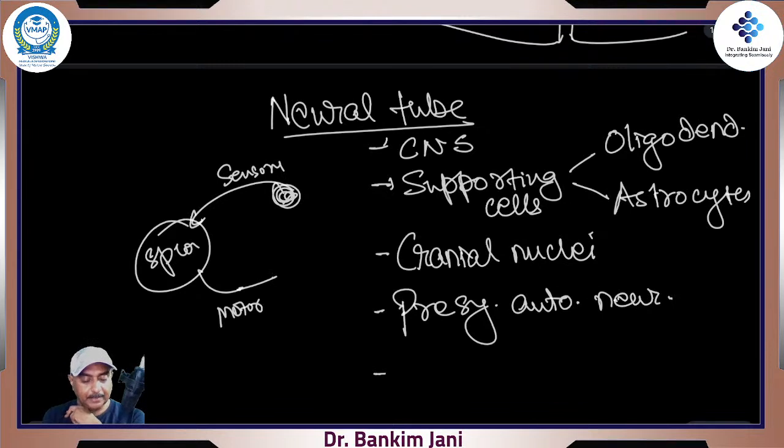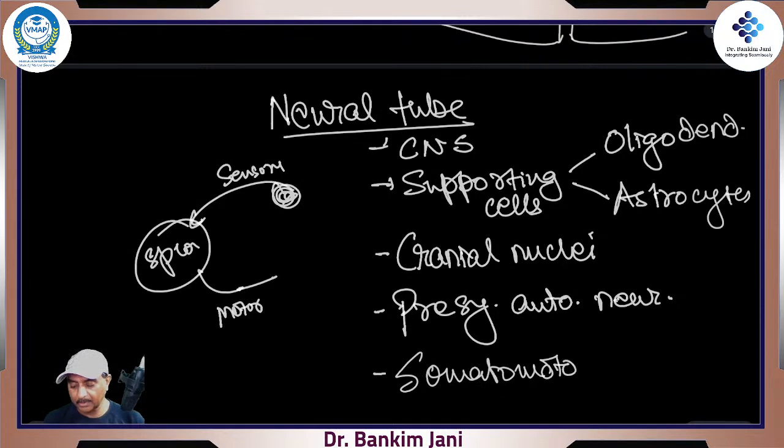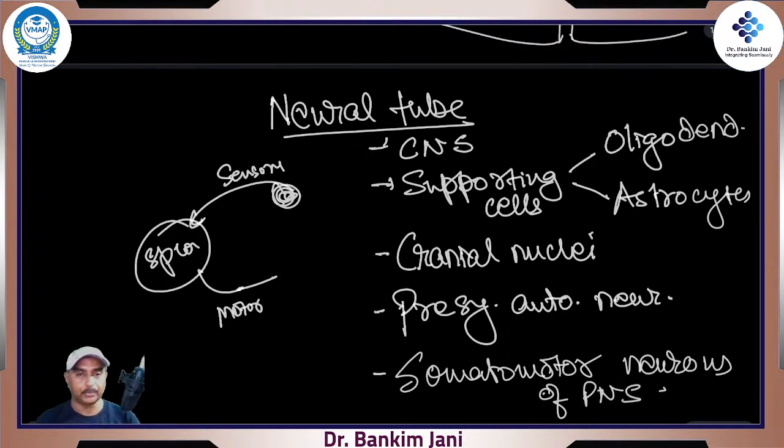And this is the somatomotor neuron. So the somatomotor neurons of the PNS are also formed by the neural tube, right?